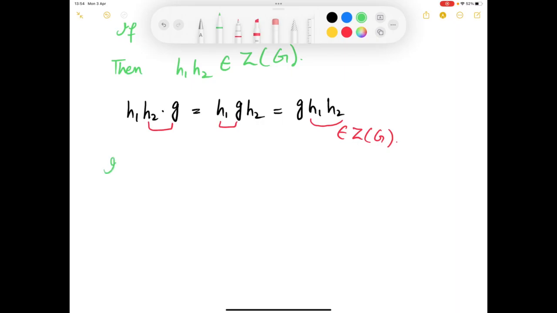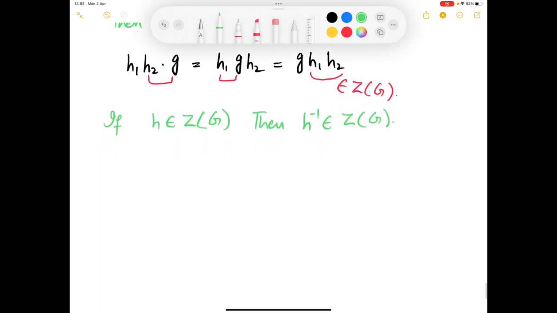Next we will show that if h is in the center of the group, then h inverse is also in the center of the group.